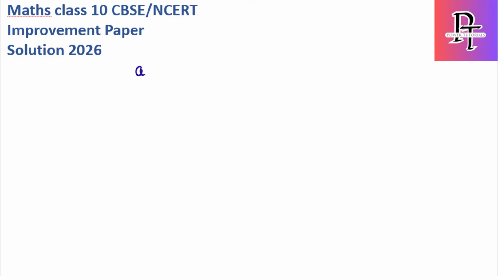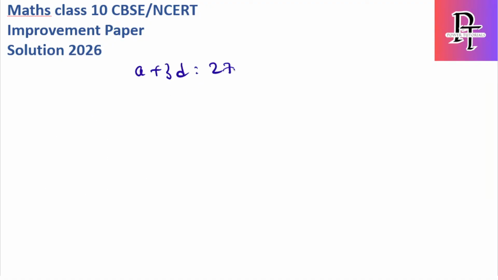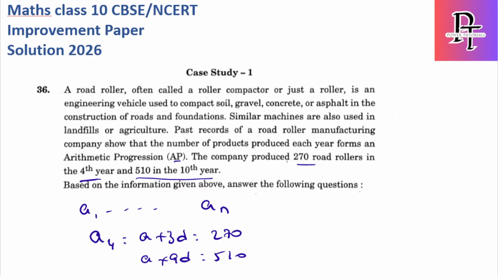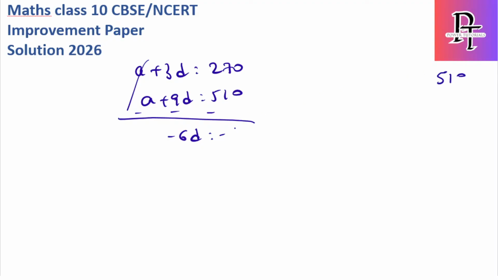So let's find it. A plus 3D is 270 and A plus 9D is 510. Let's subtract. A gets cancelled out. You will get minus 6D is equal to 270 minus 510, which is minus 240. So the D value I'll get as 40.